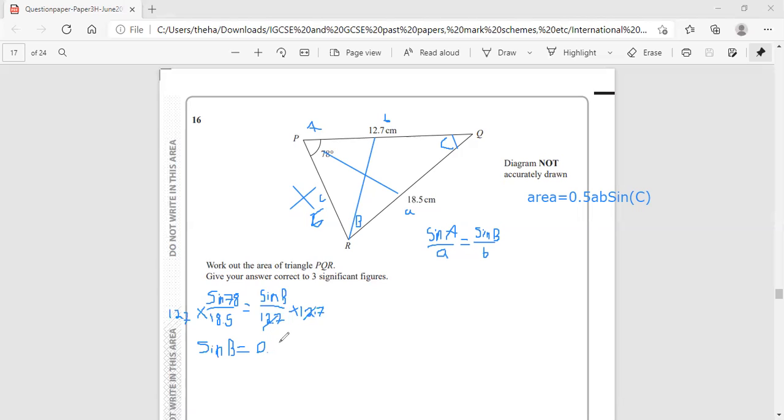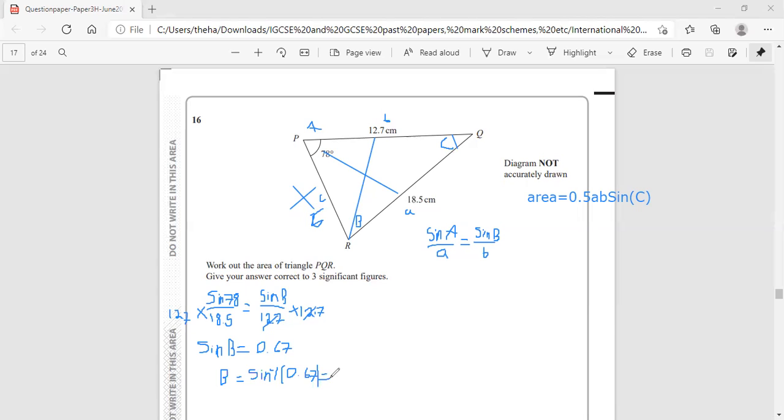So the next step is to use inverse sine. So we're going to have big B, which is what we're looking for, equals inverse sine of 0.67. But you should pop what you got straight from this calculation, because it's not exactly 0.67. So that will give you more accuracy.